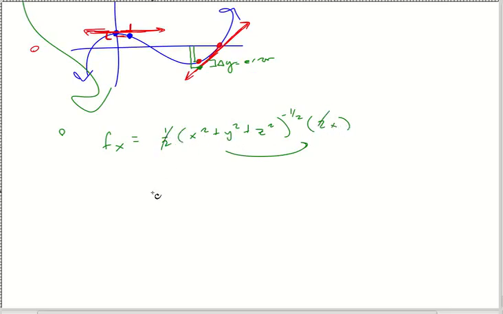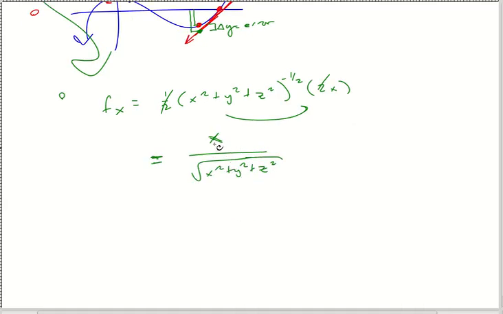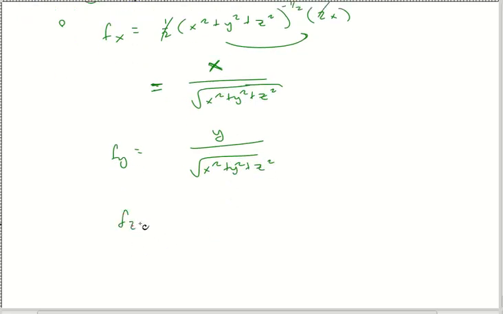The x goes to the top, you leave a square root in the bottom. And you can see how my format is going to be for every single derivative. So that's for my x. Can you imagine what your f sub y is going to be? See what I mean? Could you imagine what your f sub z is going to be?